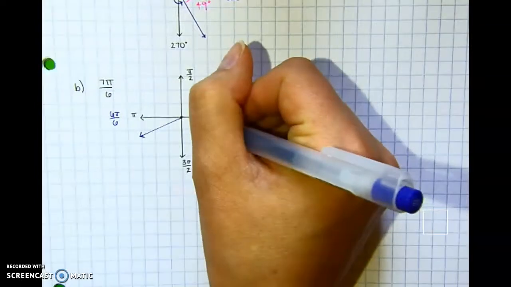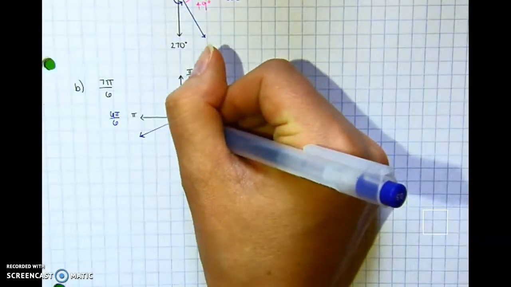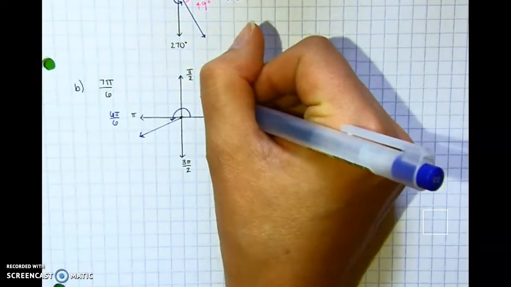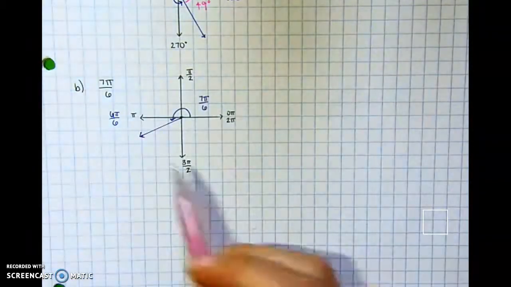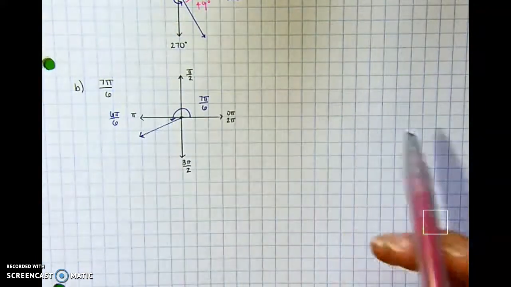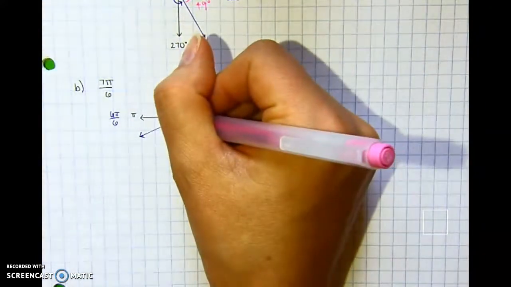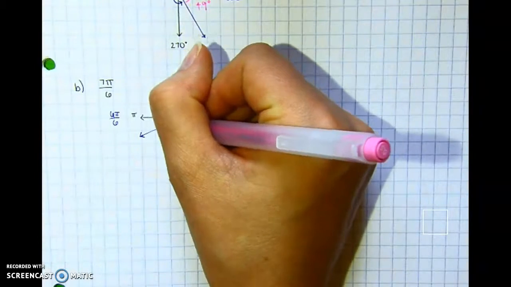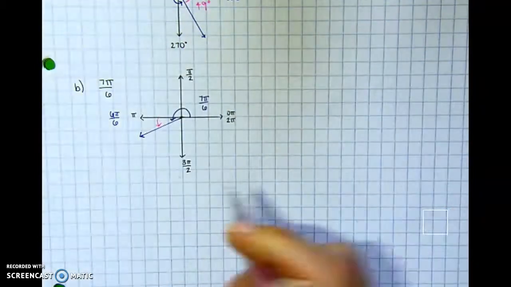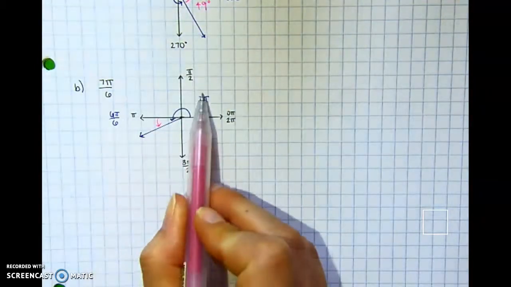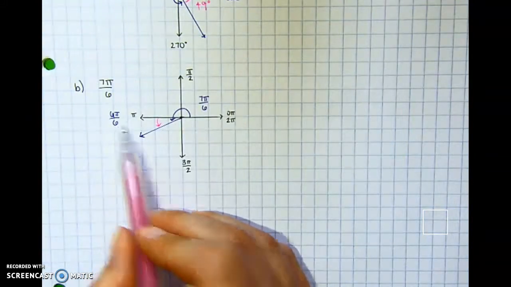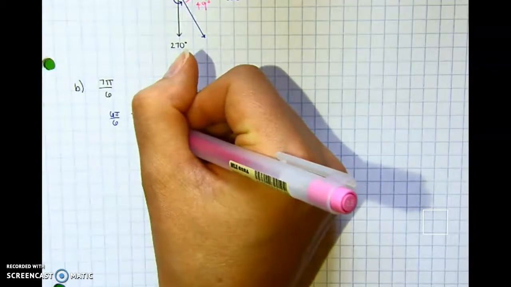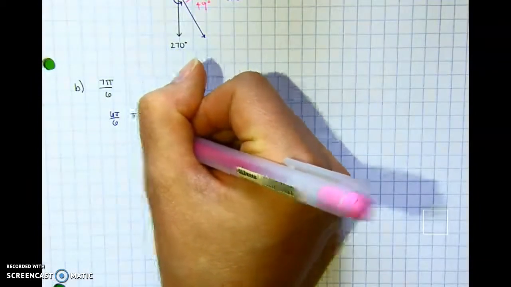I'm going to start on the initial side, open towards the terminal side, and label this as 7 pi over 6. Now, this is where students tend to mess up. Our reference angles, remember, are always positive, so it's going to be from the x-axis to the terminal side, but in a positive direction. Then we take 7 pi over 6, the bigger angle, and subtract the smaller, 6 pi over 6. So our reference angle is pi over 6.